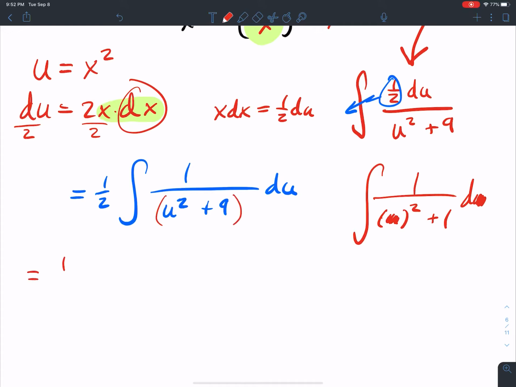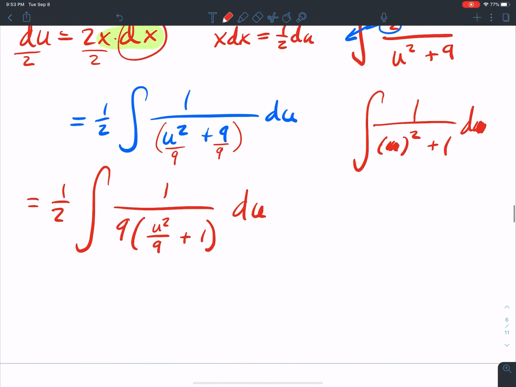So this is going to be 1/2 integral 1 over 9, and then if I take a 9 out of both of those, what's going to happen? This is going to be u squared over 9 plus 1 du, okay? And then what does that mean for us? Well, that means I actually need to make this something squared, right?